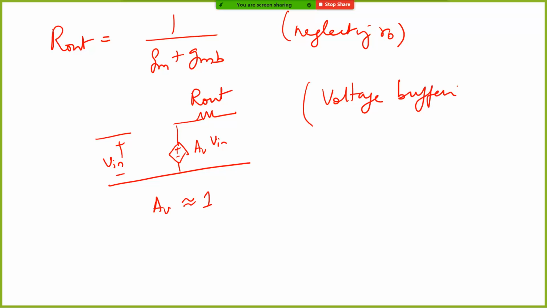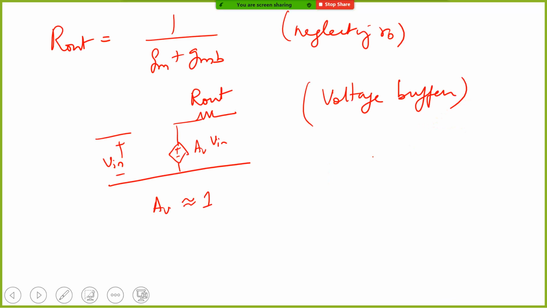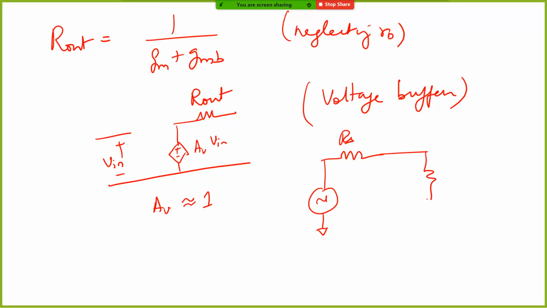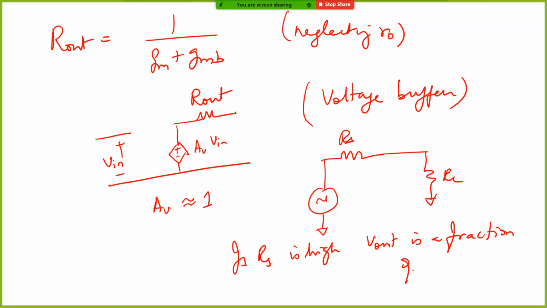What is a voltage buffer? Suppose you have some source, and you have a very high source resistance. If you have to drive a load resistance, what happens? If Rs is high, Vout is a fraction of Vin.